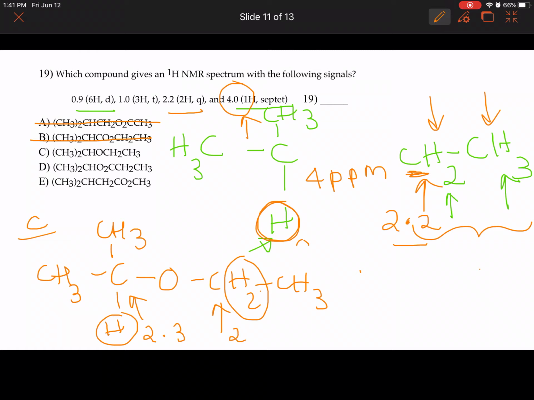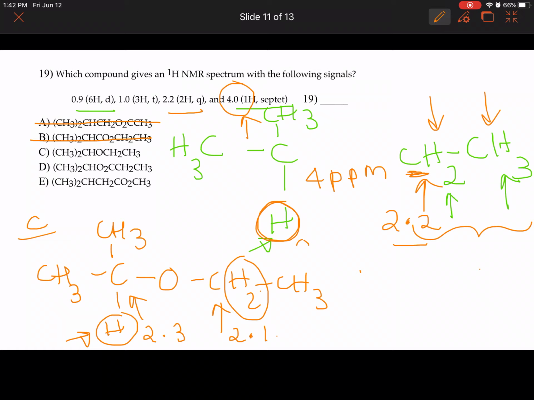It would be a little bit different, somewhere around 2.1, but if this is 2.3, then this would be like 2.1, something like that, because of the oxygen. But this hydrogen would have a higher chemical shift because it has two methyl groups, whereas this one at 2.1 will have only two hydrogens and one methyl group.